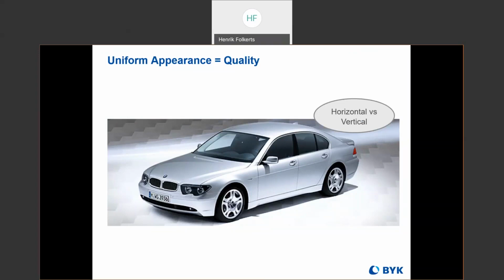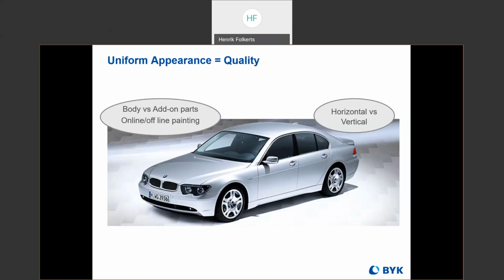Surfaces painted in a horizontal versus a vertical position can have different properties depending on how they're painted. Then there's body versus add-on parts. Typically the body of a car will be produced by the automaker, and often the add-on parts, meaning the bumpers, the door handles, the mirror housings, things like that, are made by OEMs or third-party companies, sometimes out of different materials than the rest of the body, and have to be painted to match the rest of the car, sometimes using a different paint system.